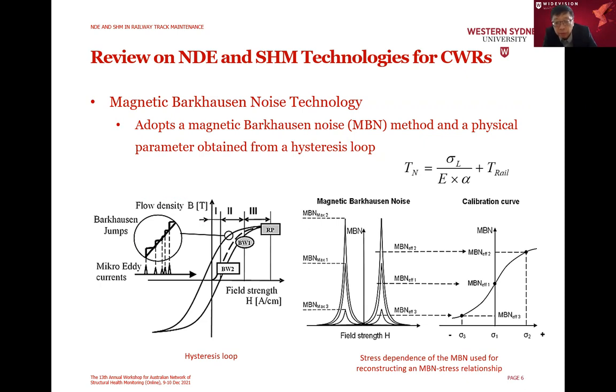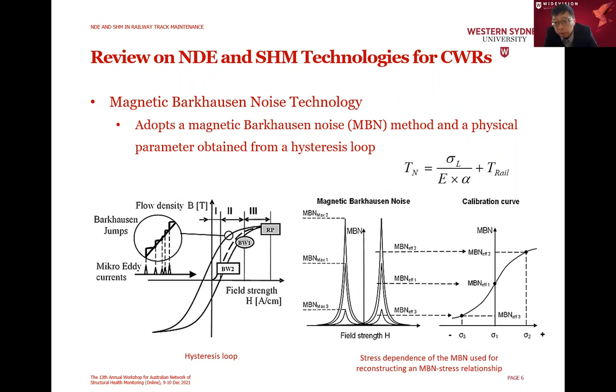On the right-hand side, we can create the calibration curve linking the noise and stress. We use this noise and stress relationship to give the measurement of the neutral temperature.